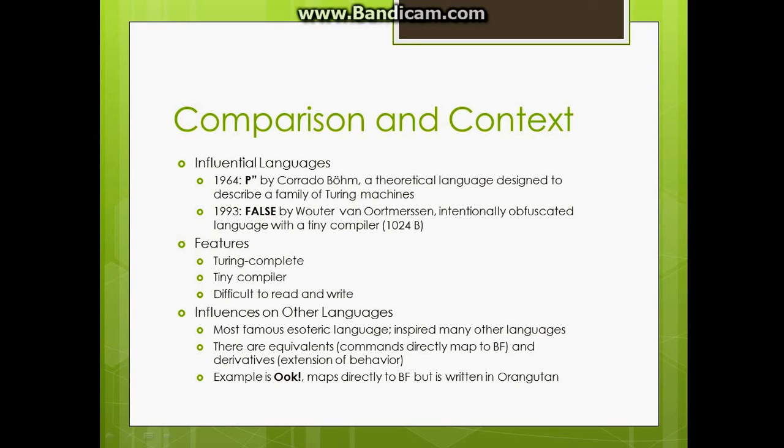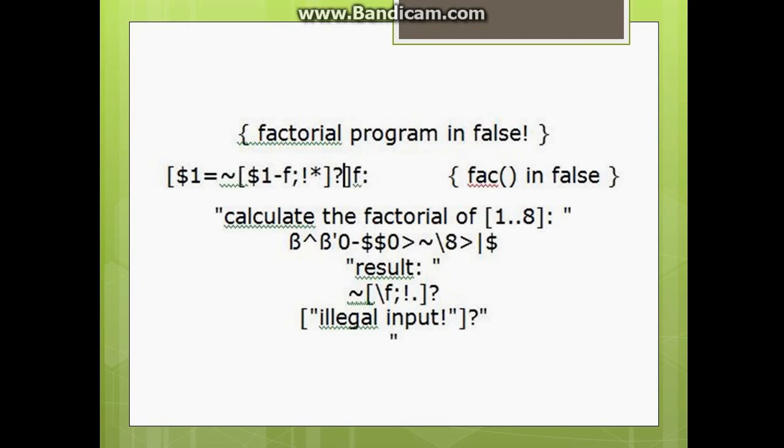He was aware of the 1993 language False, designed by Wouter van Oortmerssen, which was an intentionally obfuscated language with a tiny compiler. It had about 1,000 bytes. Here is an example of a program written in False, which as you can see is almost harder to understand than BF, but it had a tiny compiler, and that's what inspired Mueller to create his language.